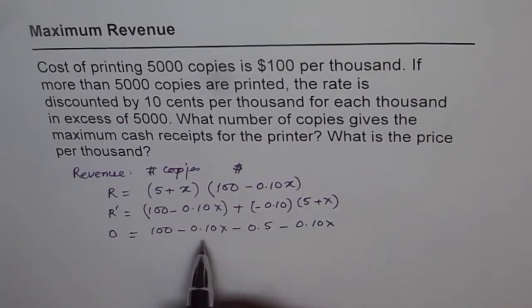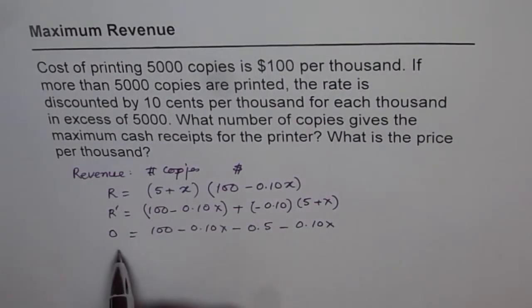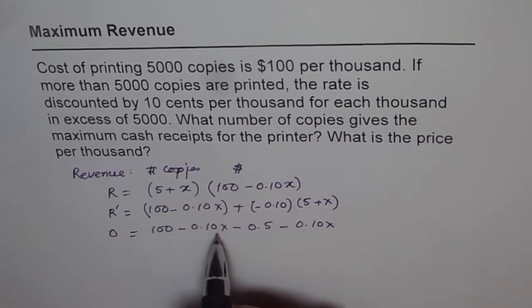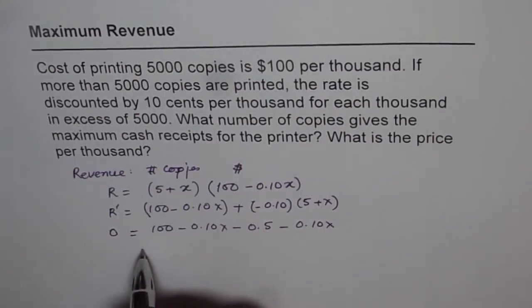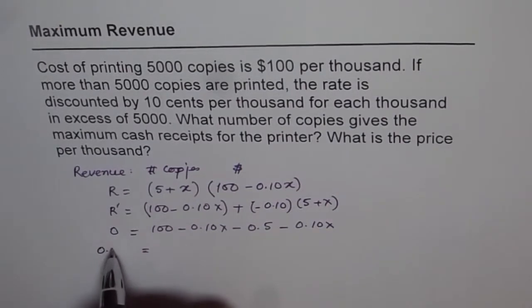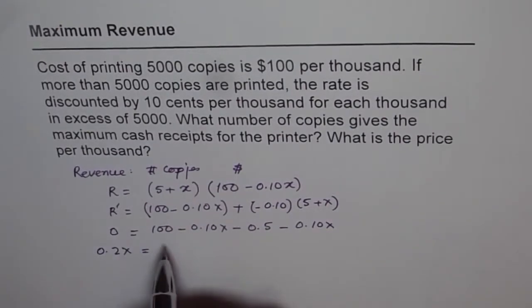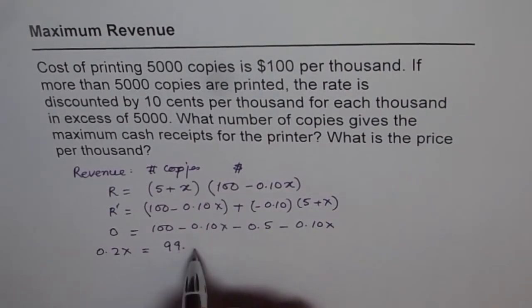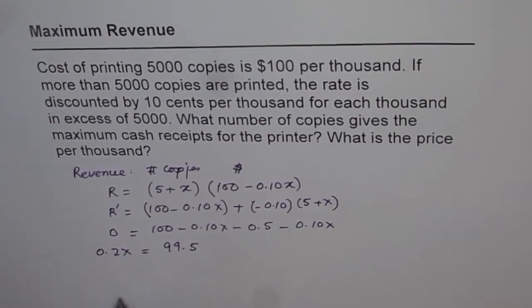And we can bring the numbers together on one side and x on the other side. Since this is minus, I can bring it here. It becomes 0.2x equals 100 minus 0.5, which is 99.5, correct?